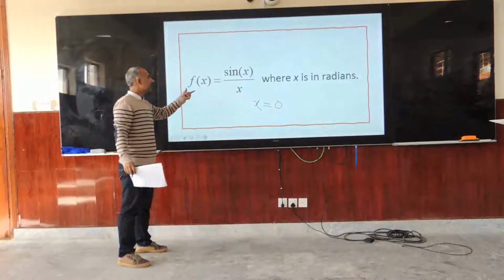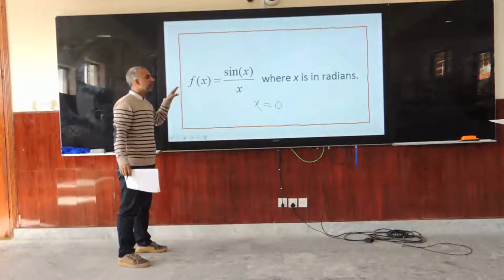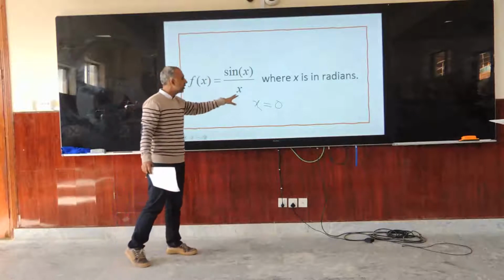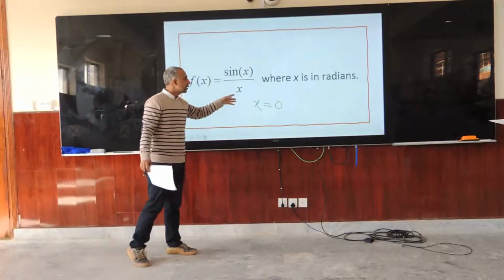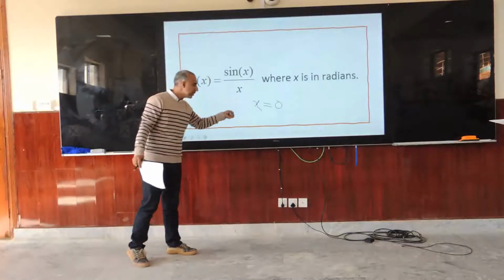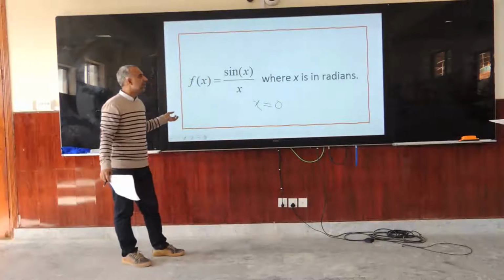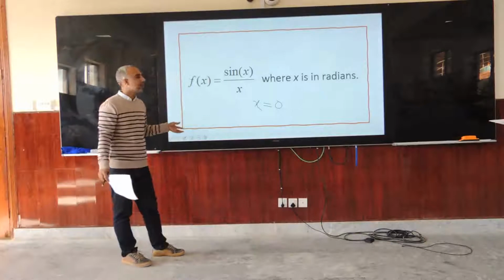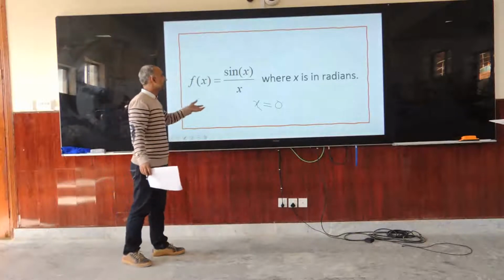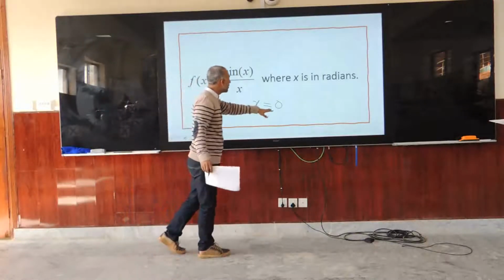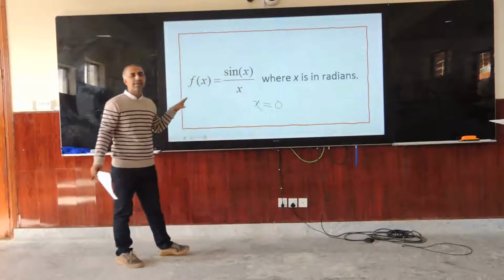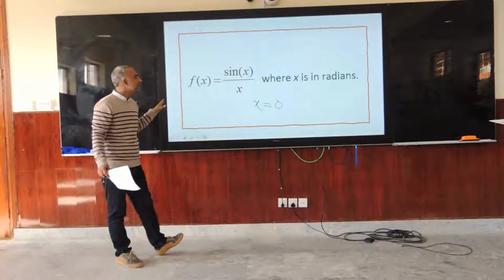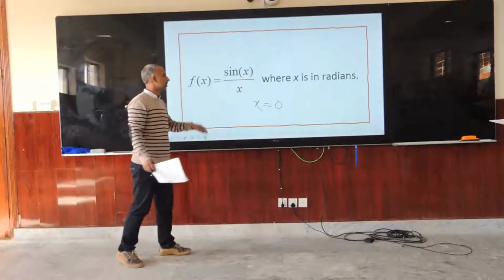Take any machine: if there is no electricity, the fan will not work and no light will turn on, even though you have a machine, because without electric supply it will not work. Similarly, if it is equal to 0, the system will not work, the desired output will not be generated, and thus the limit does not exist.